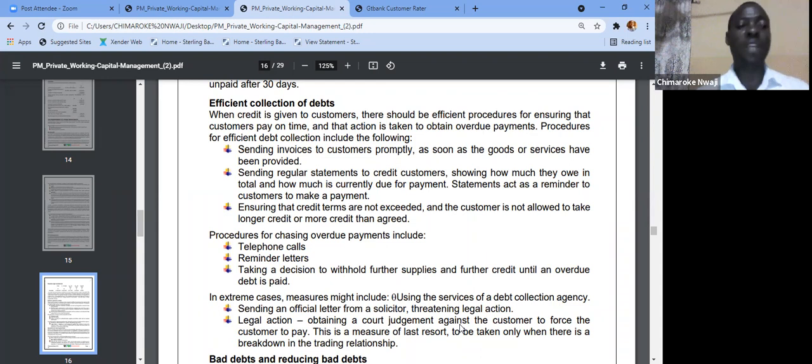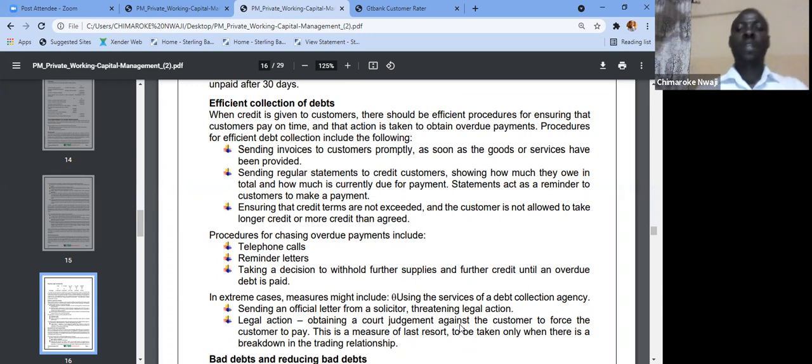So they must clear the debt first before they request another one. So that's one: you are sending them invoices, sending statements, ensuring debts do not go above the limit.